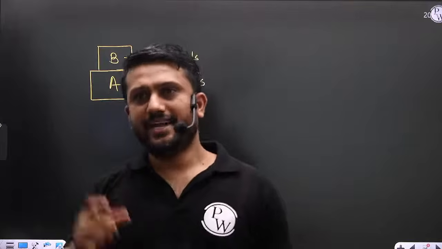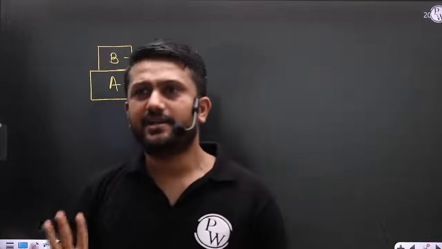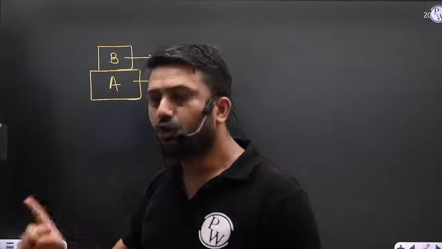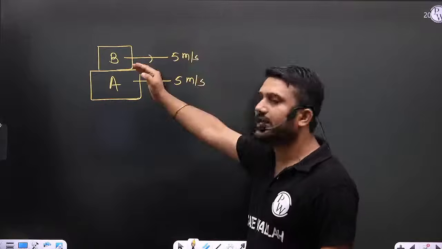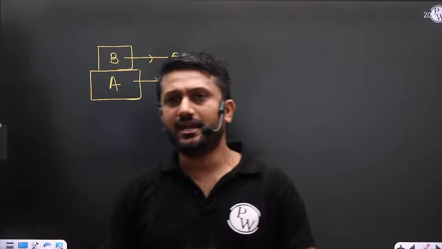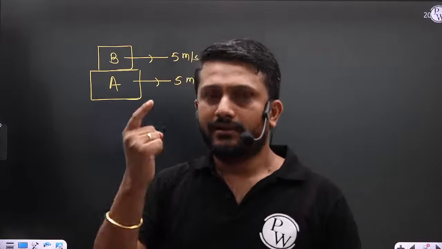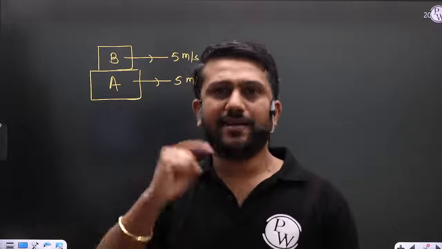So tell me guys, between block A and block B, does slipping occur? Both the blocks are moving with the same velocity. So is there slipping between A and B or not?